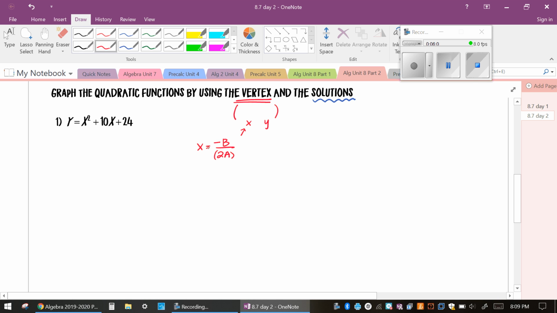That's your x value. Once you find that, you're going to substitute your x value into your equation to find the y value. The solutions will be found either by factoring or the quadratic formula.